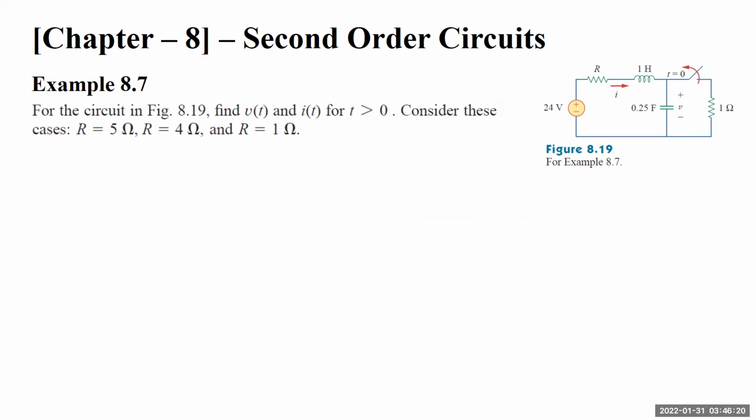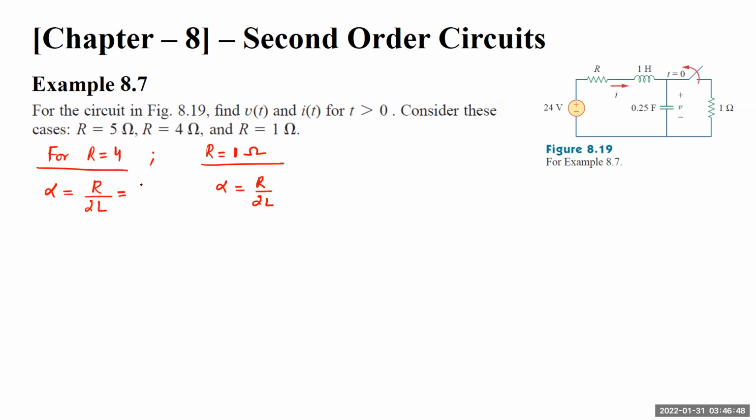In the next part, we are asked to solve for R equals 4, and similarly for R equals 1. Remember, I'm skipping many steps for simplicity. Alpha is equal to R by 2L.